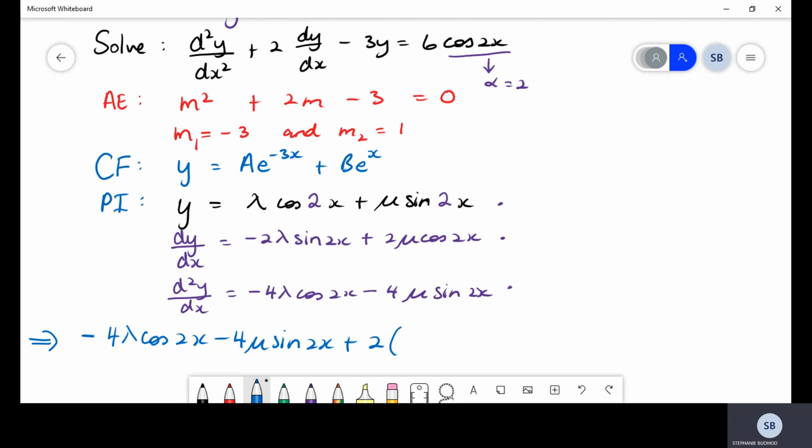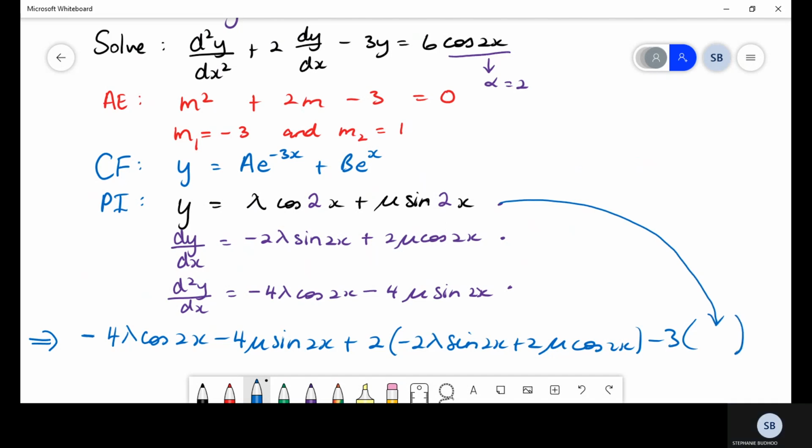That gives us minus 2 lambda sine 2x plus 2 mu cos 2x. And then finally, minus 3. Because I don't have space here, I'll simply state that you will write y into this bracket. Then you will equate this to 6 cos 2x.